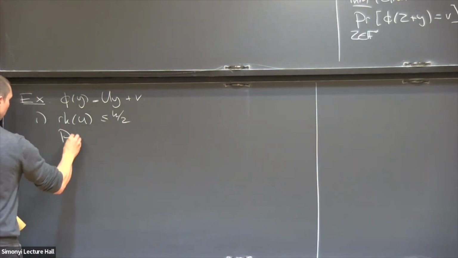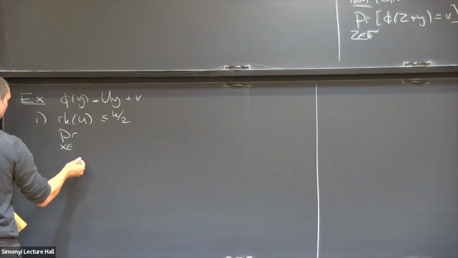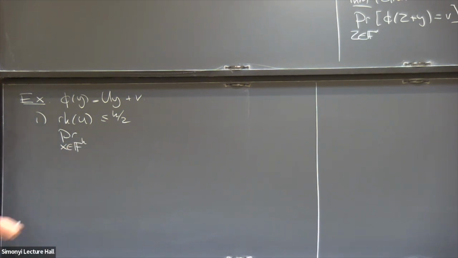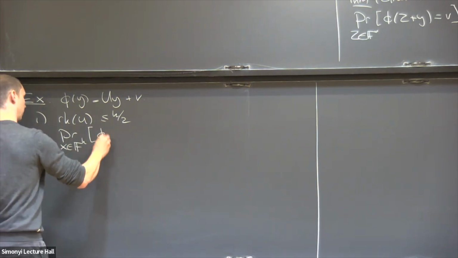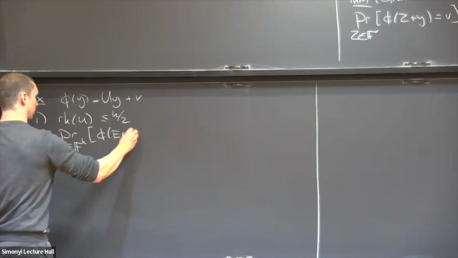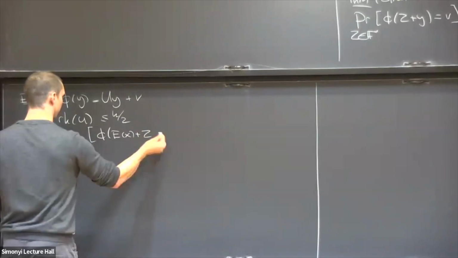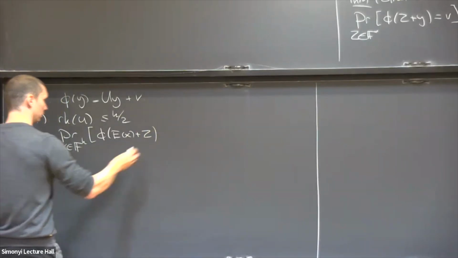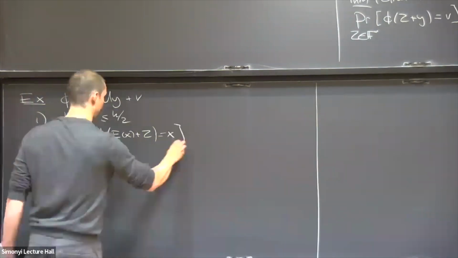Well, then the probability over a uniformly chosen random message x in F_2^k that phi of x plus, say now, some fixed noise vector v, we can incorporate it later, is equal to x.